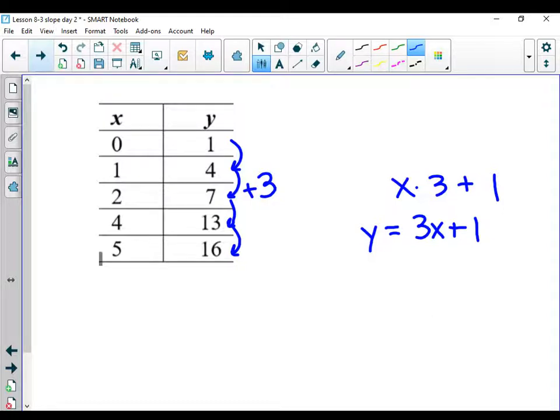What if I wanted the slope of this? Keep thinking. Ellie and Pete are really onto something.